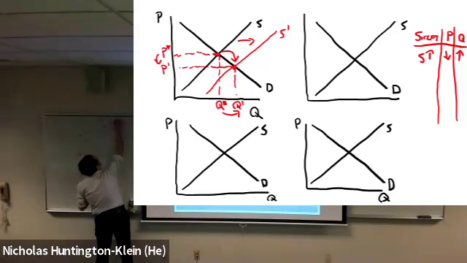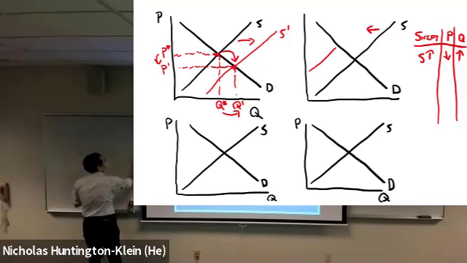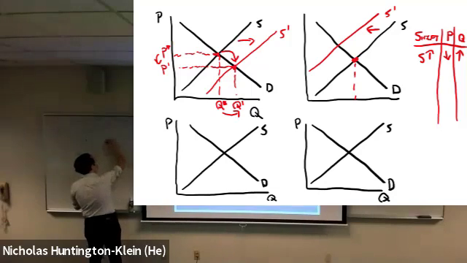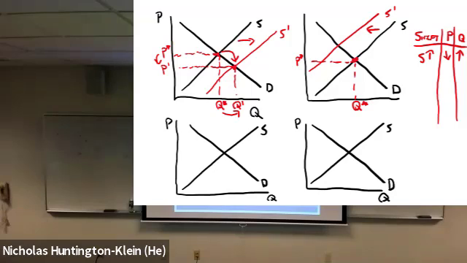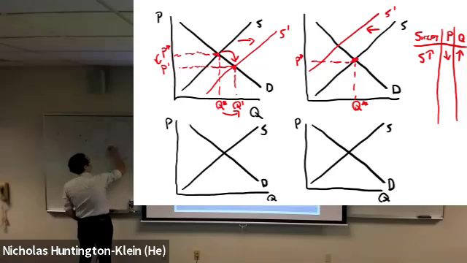if we have a decrease in supply? There's our old equilibrium. First of all, where am I going to draw my new supply curve? To the left, yeah. So move this over here.